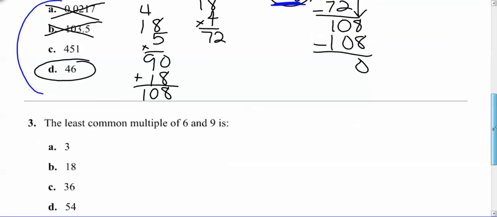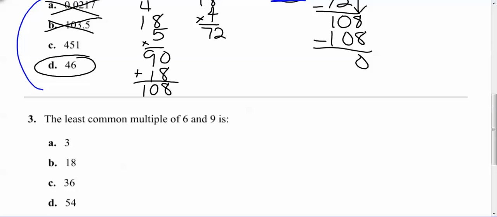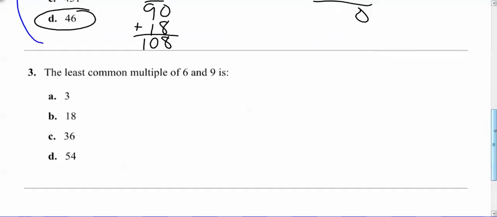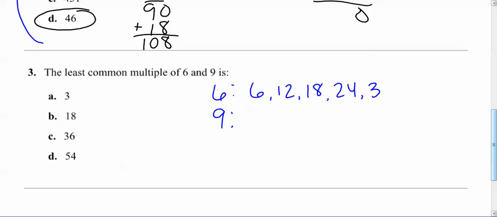All right, the next question, the LCM, least common multiple of 6 and 9. So you're skip counting to see where 6 and 9 first meet each other on the number line. So 6, 12, 18, 24, 30, 36, 42. We could keep going here for a while, but oops, why did I write 45? 42.